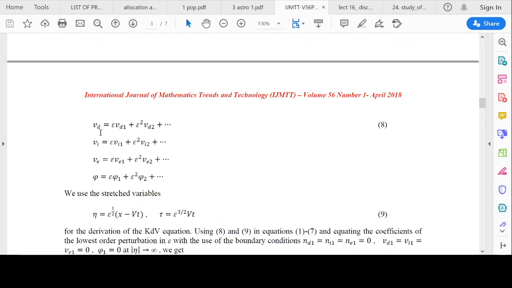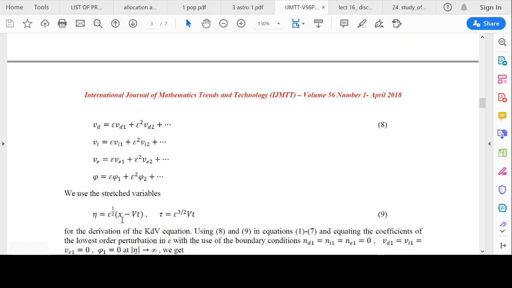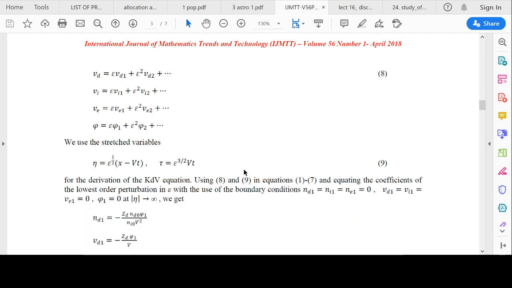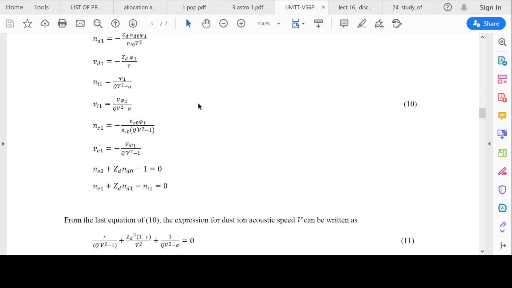The velocity and the densities have got this kind of perturbation expansion, and they have taken epsilon to the power 3/2. I don't know what kind of journal it is. Anyway, we are taking the calculations, and they have put these boundary conditions. Whatever you use, if you are taking the dust acoustic wave or whatever it is, take help from this paper.